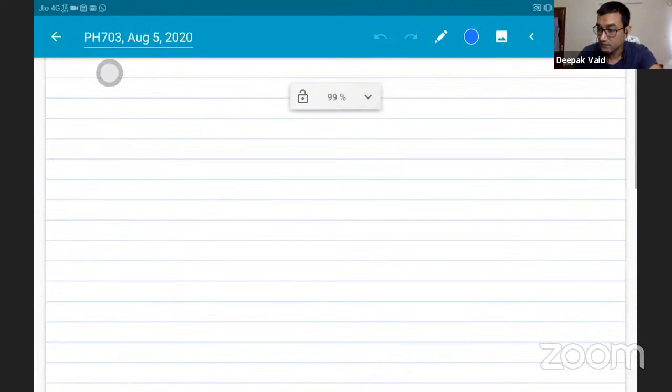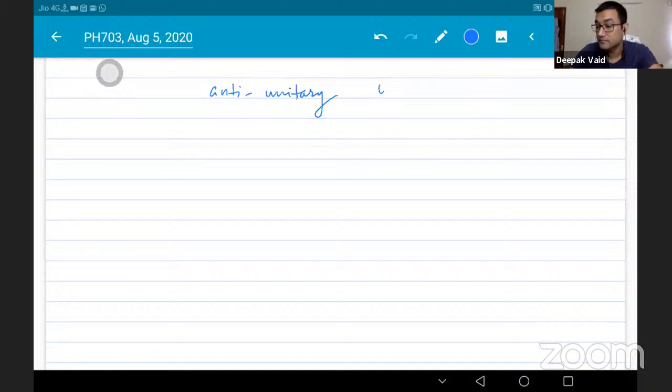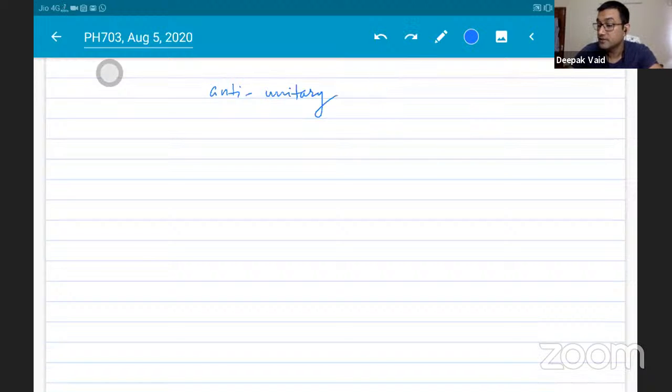There is a question in the chat that I talked about anti-unitary operators. So a unitary operator is one where U inverse is equal to U complex conjugate, and for an anti-unitary operator, there is a negative sign.